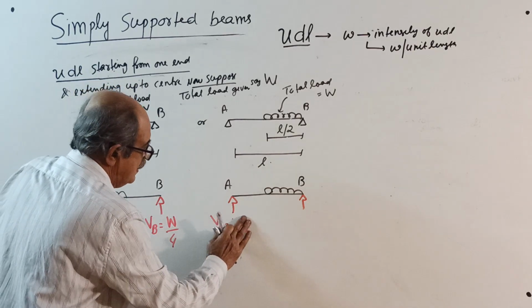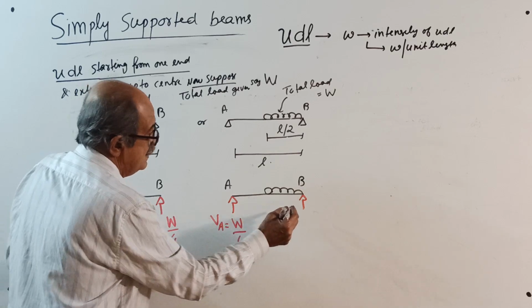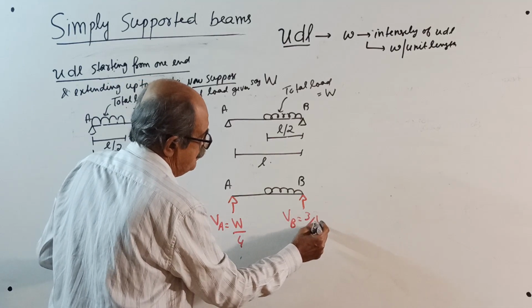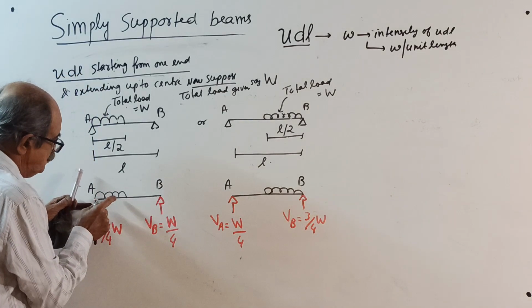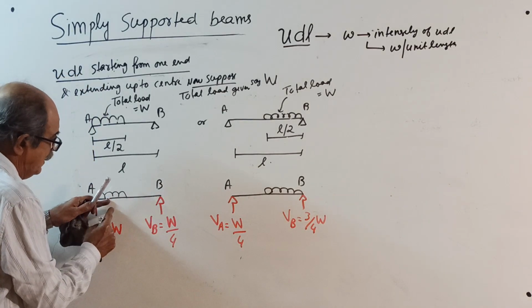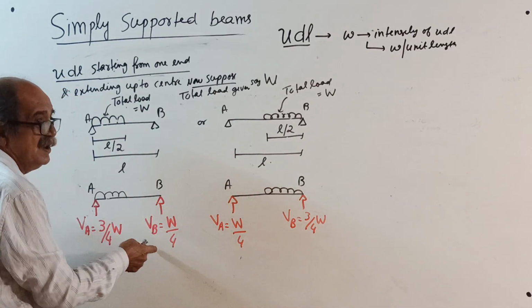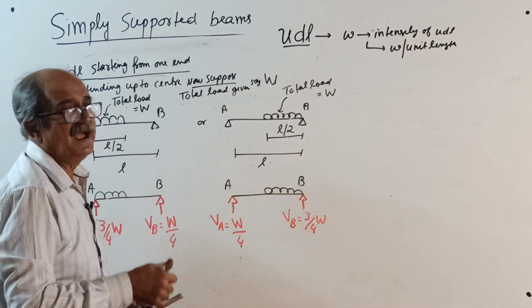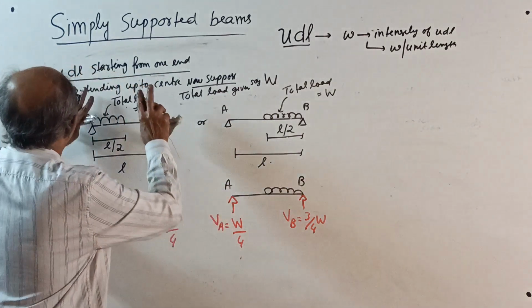No L here. L will not come. 1/4 of W. This reaction VB will be 3/4 of W. Why 3/4? Because see, this is L by 2, L by 4. This is L by 4, this is 3L by 4. 3:1 reaction will come here. Other distance is to this distance as this reaction is to that reaction. But anyway, I need not tell all those things. Okay. This is also over.